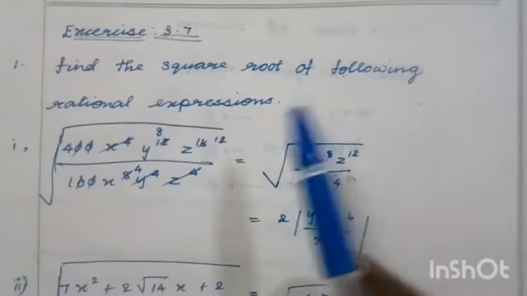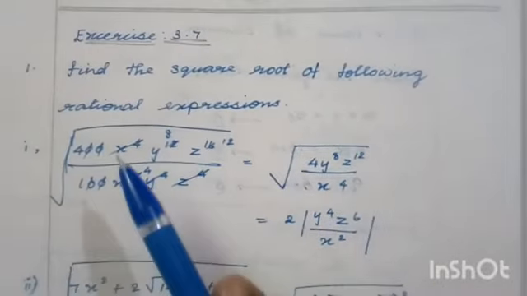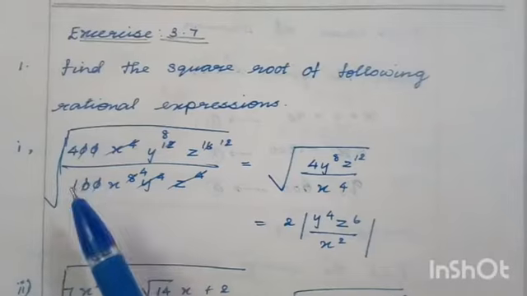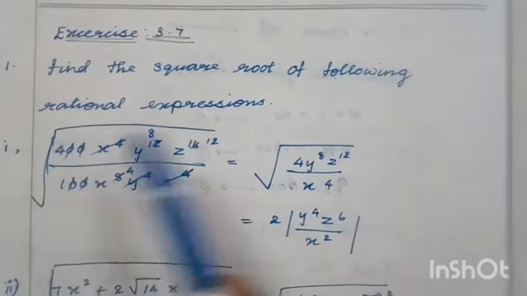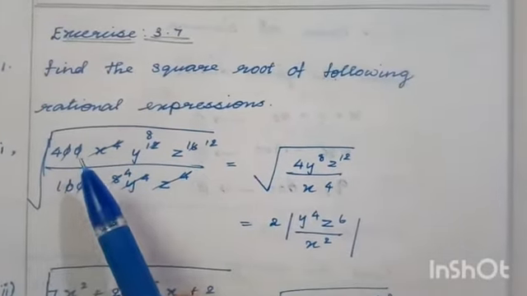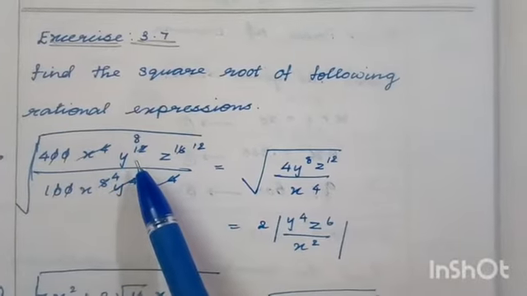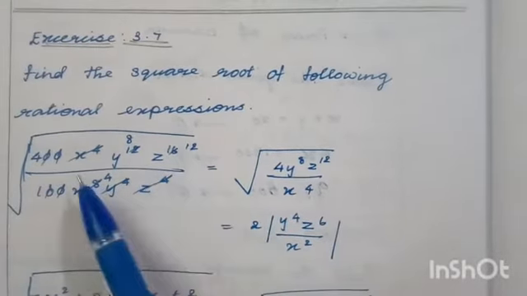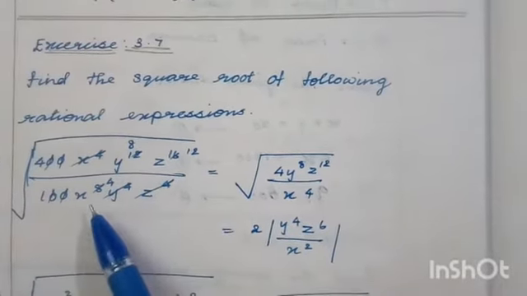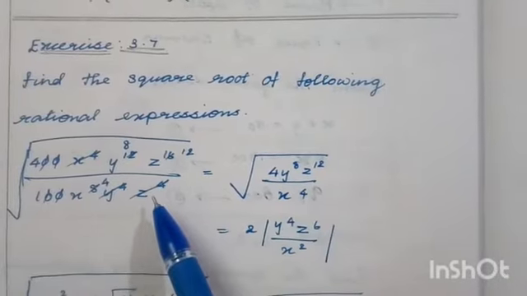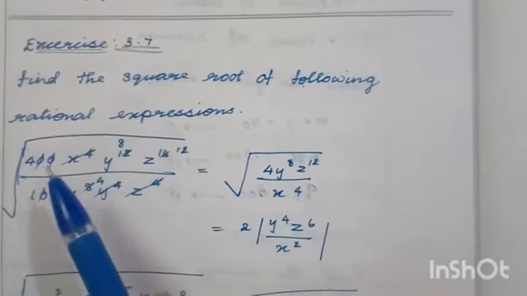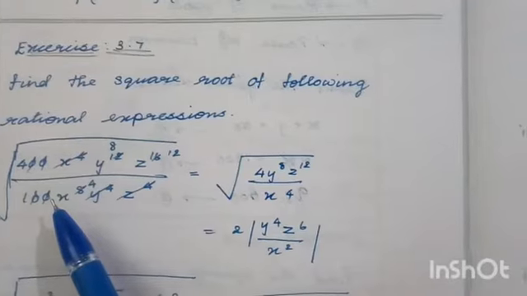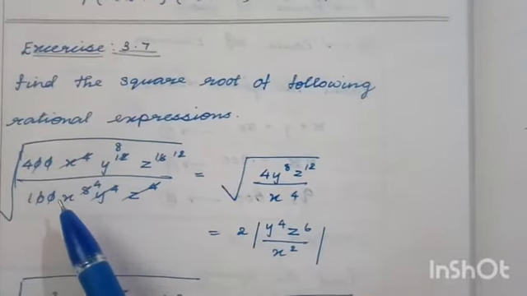We want to find the square root of the following rational expression. First you write the given question with the square root symbol. That is 400 into x power 4 y power 12 z power 16 by 100 into x power 8 y power 4 z power 4. Whatever things may cancel, you have to cancel, then you take the square root.